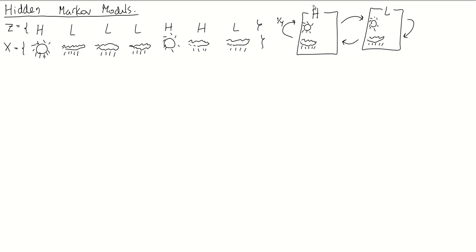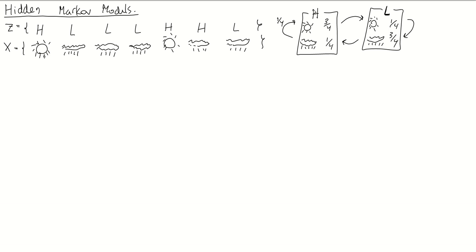So if it is high pressure, maybe the probability of sunshine will be 3/4, and the probability of rain might be a quarter. Then if we have low pressure, it might be that the probability of sunshine is a quarter and the probability of rain is 3/4.